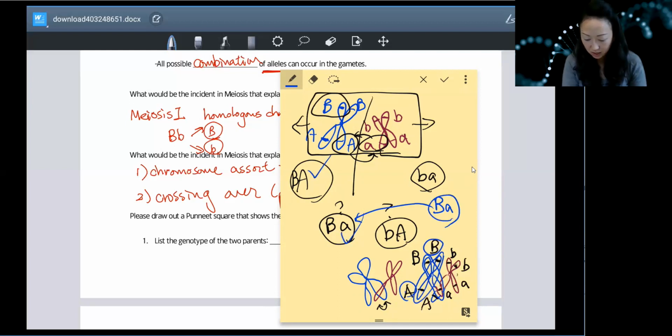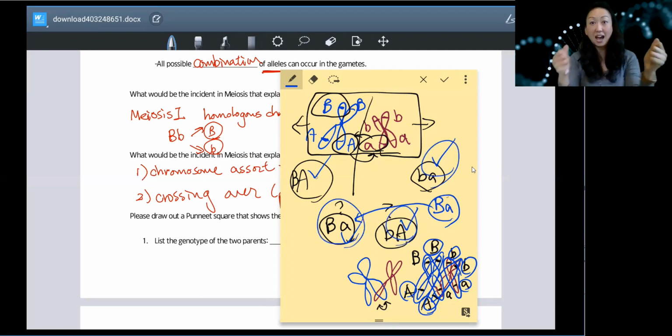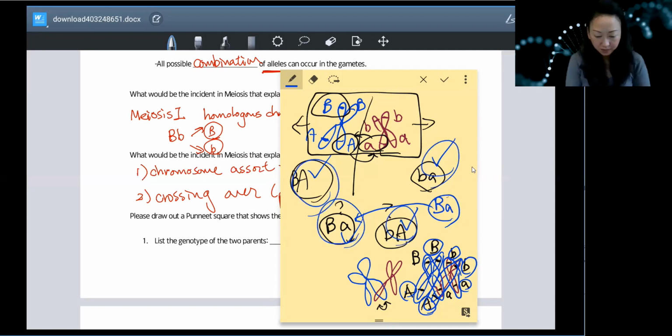This one will be small b with small a. That's a sister chromatid, small b with small a. And then hiding behind it will be small b with big A. So I get all 4 after crossing over, okay?